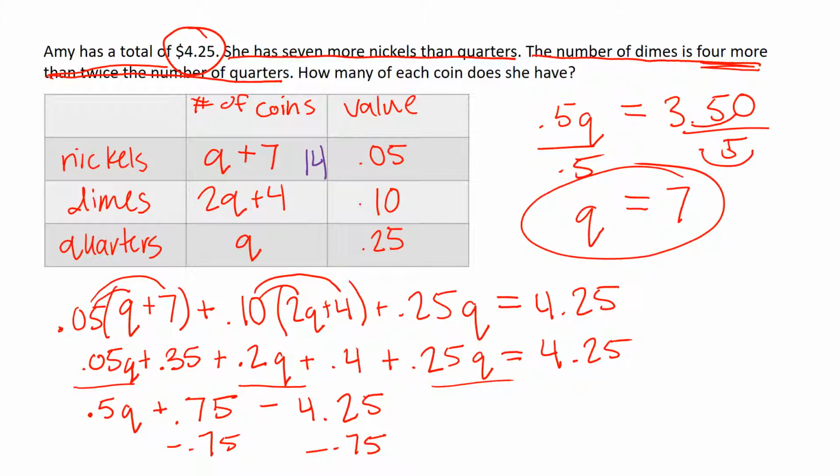And then dimes, if we plug in 7, we get 2 times 7, or 14, plus 4, which is 18. And then quarters, we already know that one's 7.